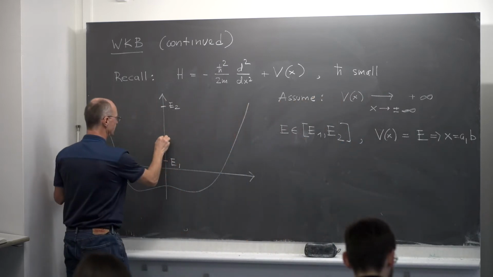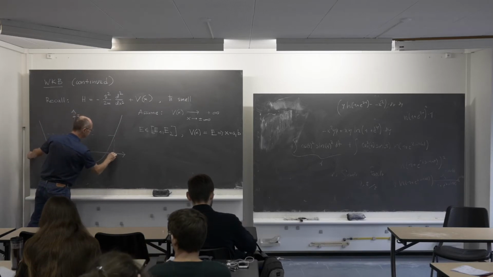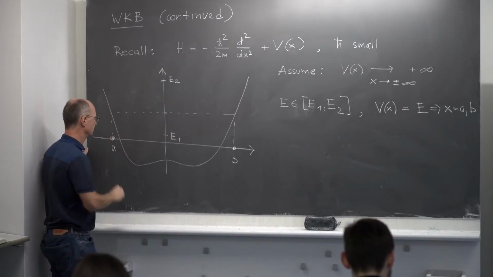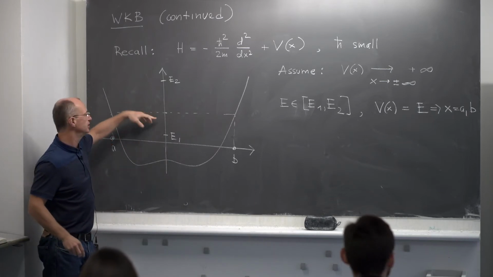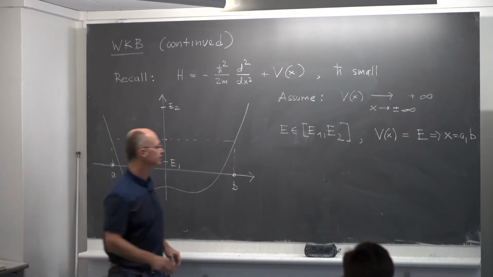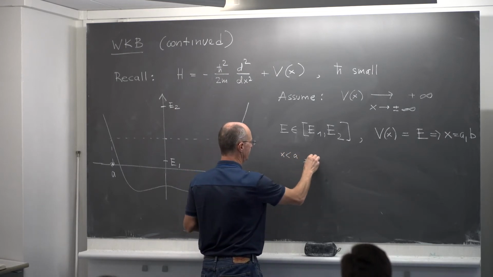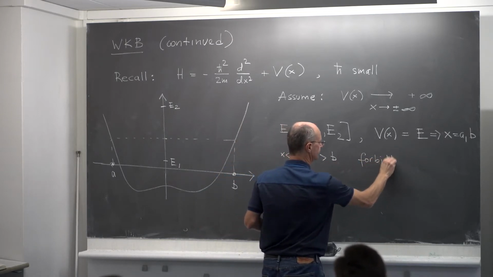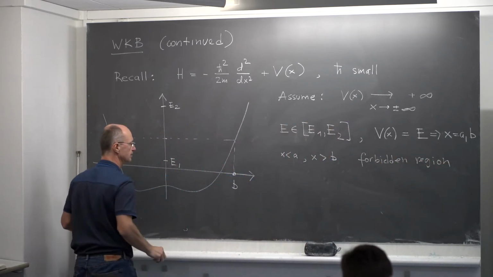So for instance here I choose some energy, so that's the energy level, and we obtain a segment where V is smaller than E, and so these are the endpoints of that segment. So we say that when x is smaller than a or x is greater than b, this is the forbidden region.